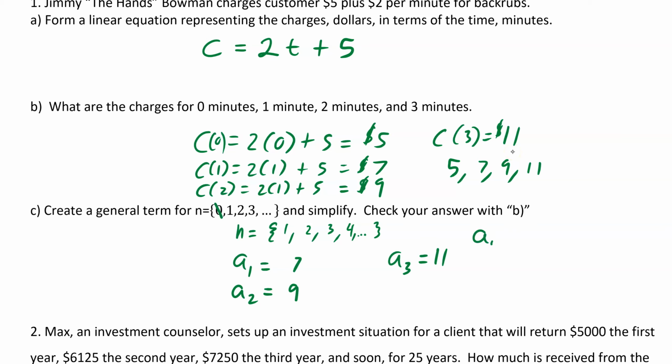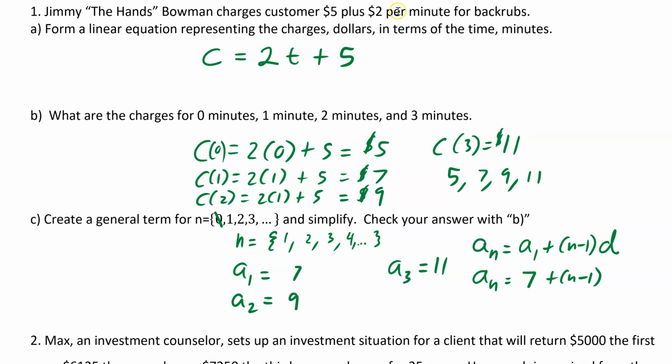So our a sub n here is equal to a sub 1 plus n minus 1 d. So our a sub 1 is 7. That's our first term. And then our difference here we already knew was $2. It costs $2 per minute. So if you remember, our slope is our difference, which is 2. So positive slope, positive difference, negative slope, negative difference. And that is our general term.